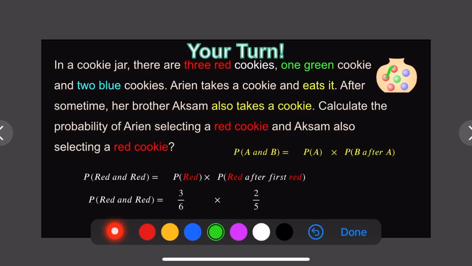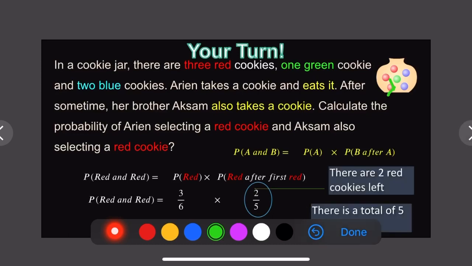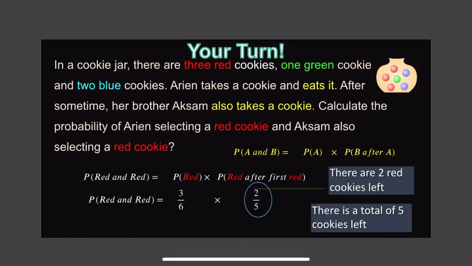Let's just omit one from here. You can see the total number is now different, right? We have 5 cookies in the jar. As a result, there are 2 red cookies and a total of 5 cookies left. When we find the product of both, we have 1 by 5 as the probability of both events combined together.